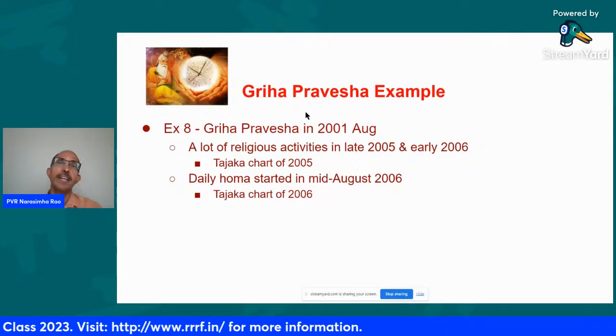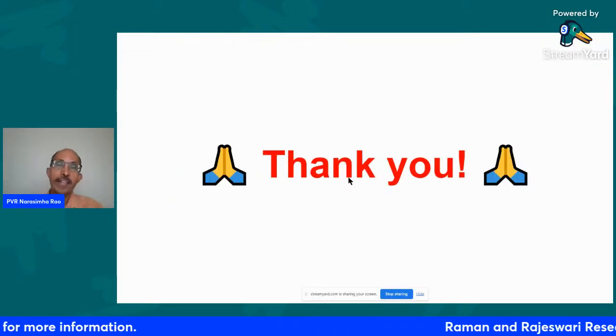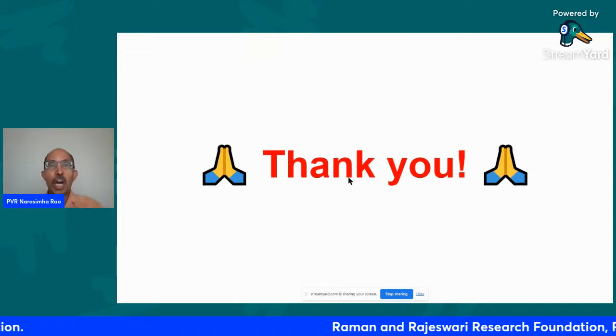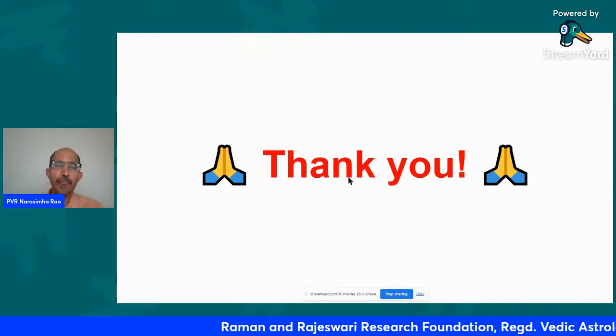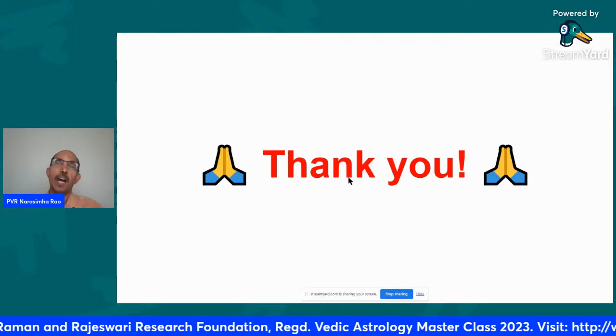And you can look at the Tajika chart and Tithi chart, both of them, and that will give you more confidence. If one of them is showing very strongly or both of them are showing somewhat strongly, you can be confident that an event will happen.